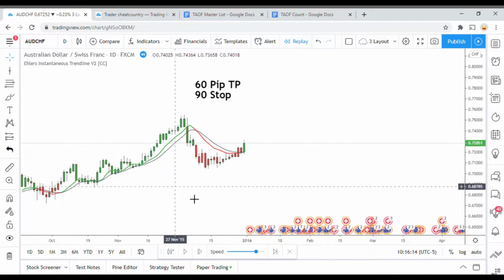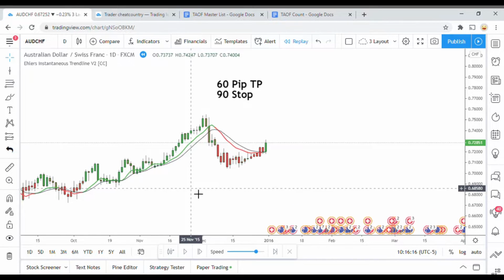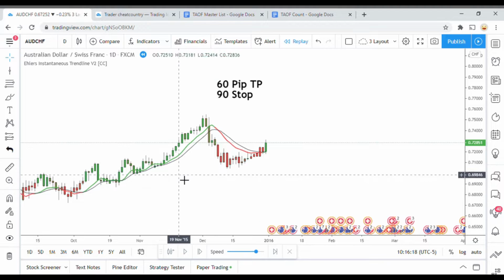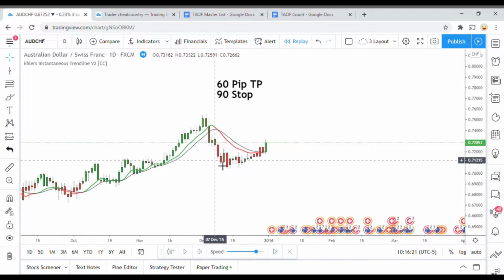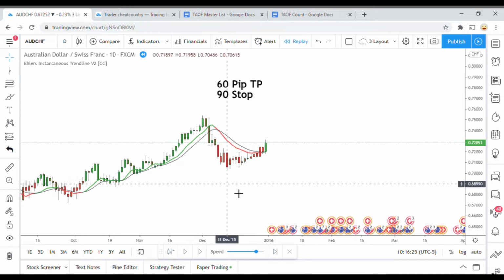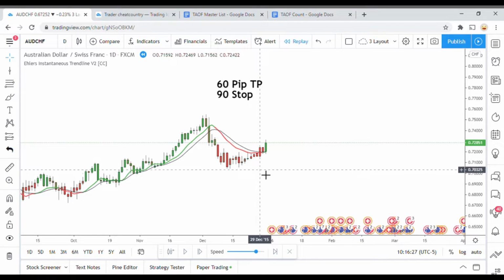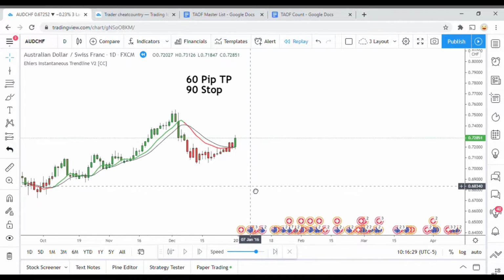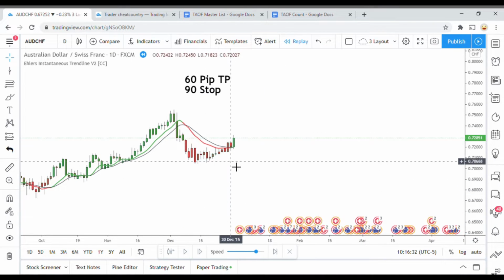Everybody calls things a little bit differently, and depending on what the indicator is, that'll kind of dictate things as well. So nonetheless, when it goes red, it paints the bars red, and we would go short. When it goes green, it paints the bars green, and we would go long.